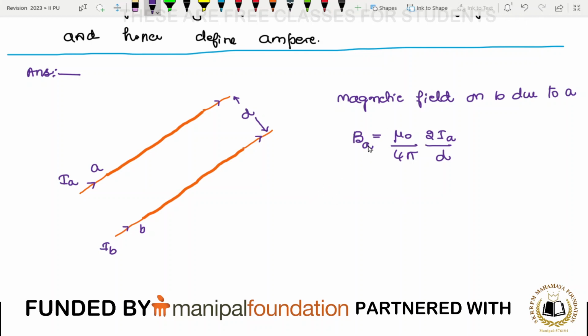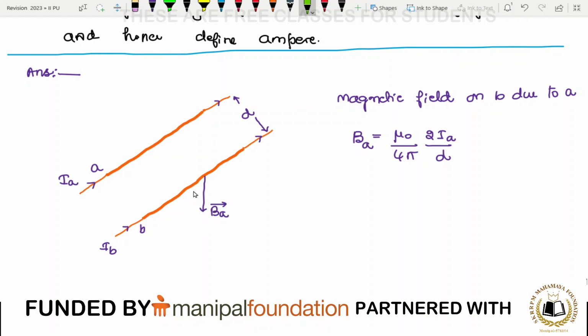What is the direction of this magnetic field? For that we apply the right hand thumb rule. The direction will come somewhere here. So this is BA, the direction of the magnetic field.